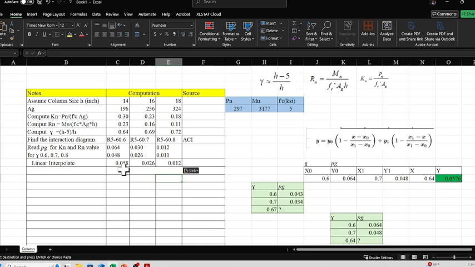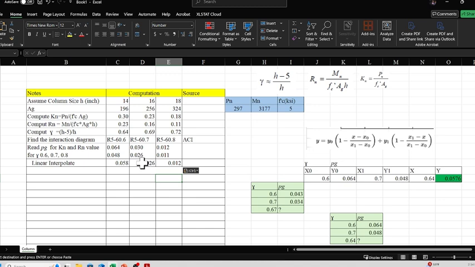In the problem, it mentioned use 4% steel or less. So 4%, this is more than 4%. Then if we use a 16-inch, it is 2%. So we're going to be between 14 and 16.